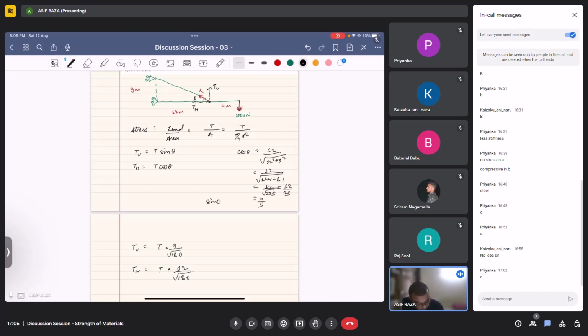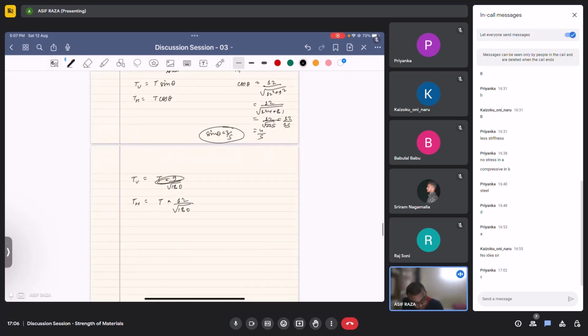So sine theta would be 3 by 5. Okay, so I'll just correct this thing. So TV is 3T by 5 and TH is 4T by 5.